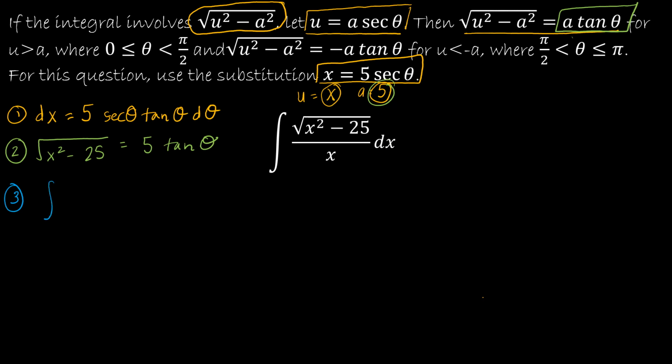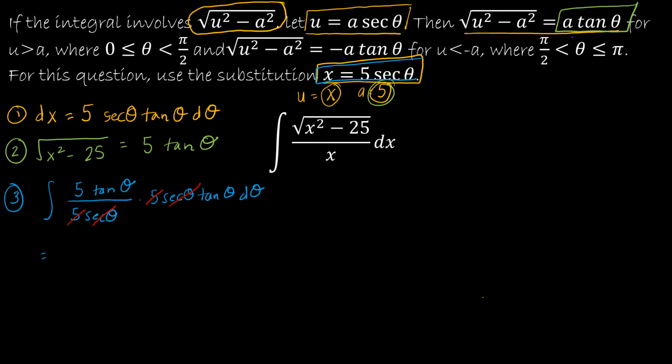So my integral has a numerator of 5 tangent theta, has a denominator of x, and if you'll recall, x is 5 secant theta, and dx is 5 secant theta tangent theta d theta. So what can I cancel? I can cancel the 5, I can cancel a secant, and everything else is what I have left.